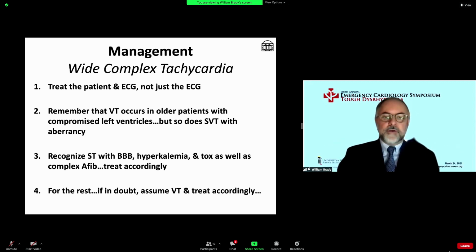But so does SVT with aberrant conduction, and in fact, probably more frequently than VT does. Recognize that sinus tach with bundle branch block, hyperkalemia, and toxic effects occur, and if we can exclude those from the differential and treat them accordingly based on the underlying issue, the rhythms that we're left with can all be treated with synchronized electrical cardioversion and/or intravenous procainamide.